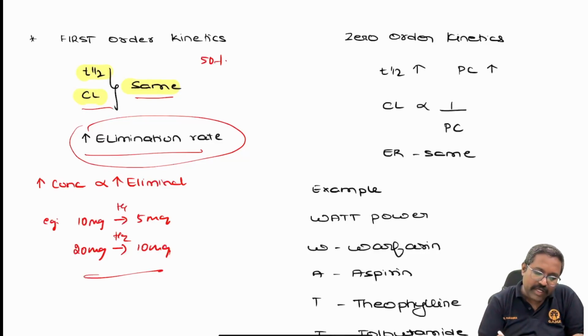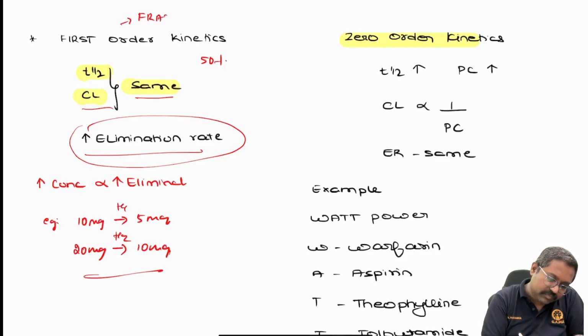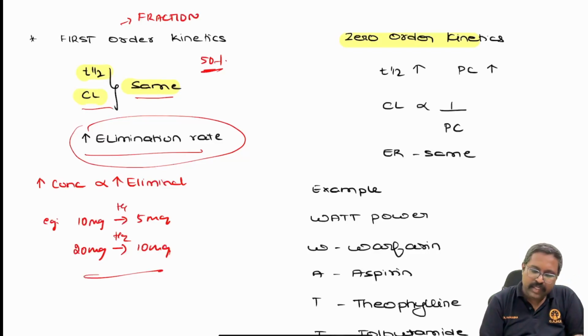So what happens in the case of zero order kinetics? As we remember, first order means it is a fraction, so the same fraction is removed every time, whereas in zero order, it is a constant amount.